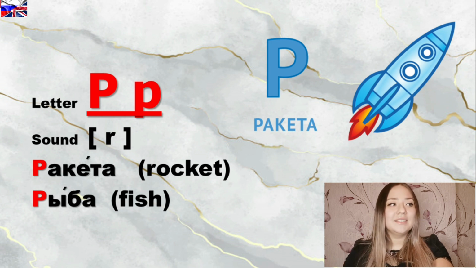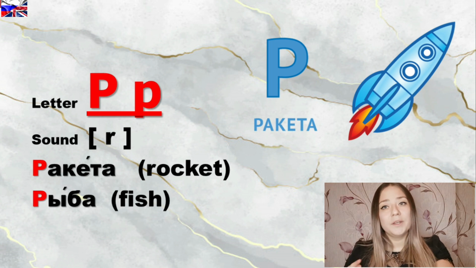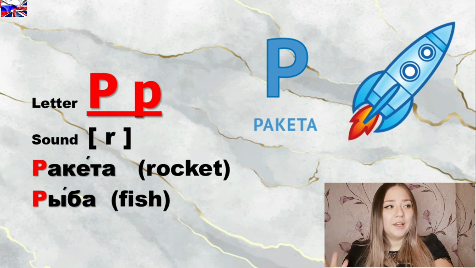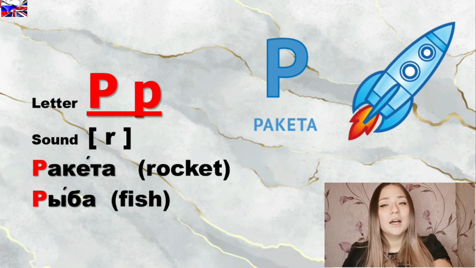All right, this letter may be a little bit tricky, especially for the English speakers, because in the English language you don't have the letter R pronounced like this, but I guess it will be easy for the Spanish speakers. Anyway, just try pronouncing this letter like this. R, R, R. Raqueta, riba. All right, doing good.